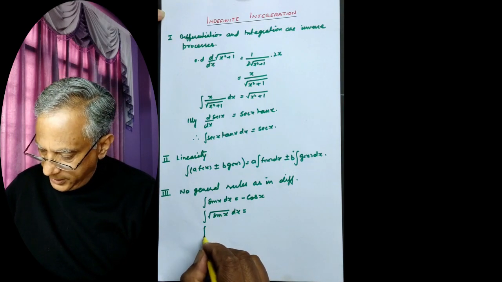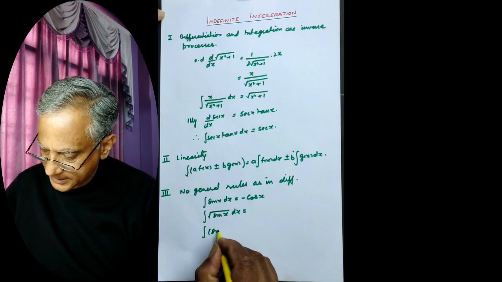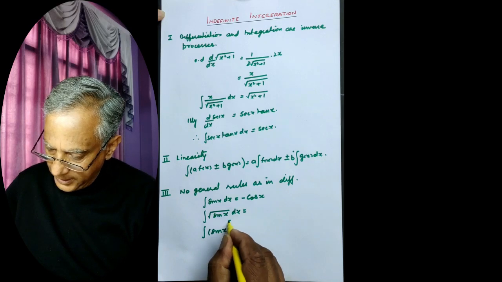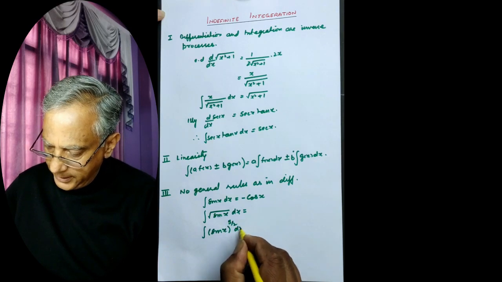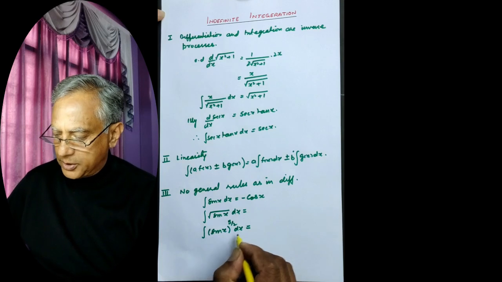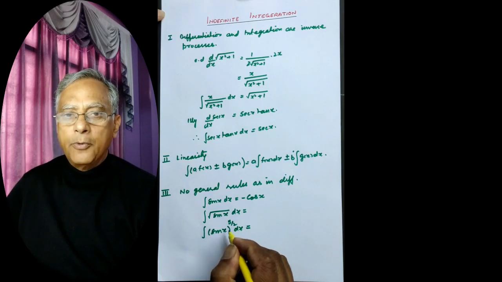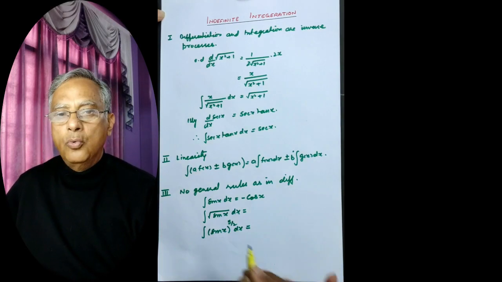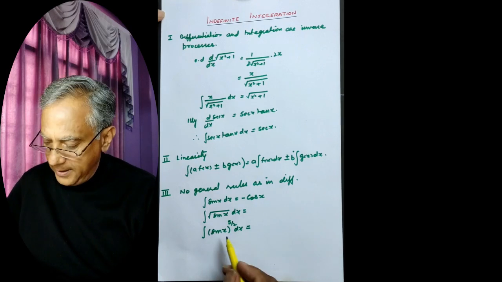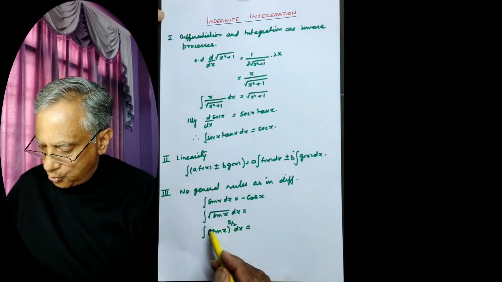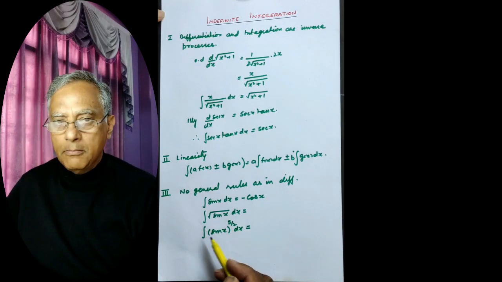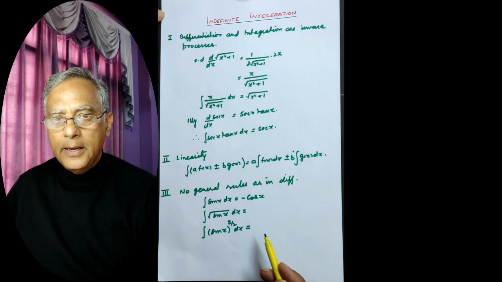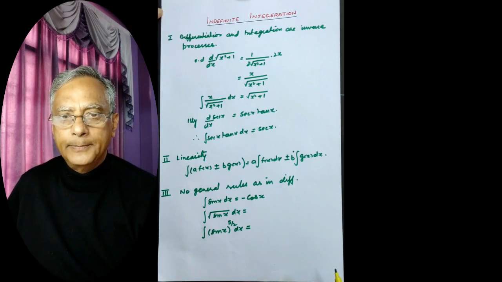And if we take, say, sine x to the power of 5 by 2 dx, it will be very, very difficult to find the integration of this. But we can definitely tell that this function is integrable. But what will be the answer? It will be very tough to tell.